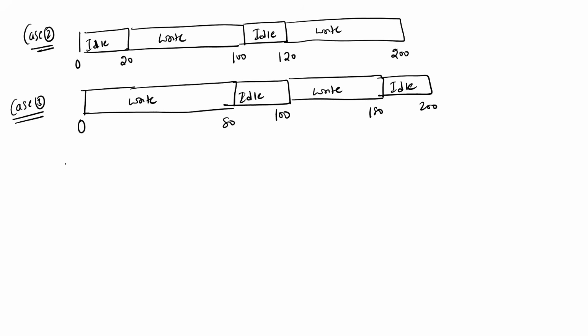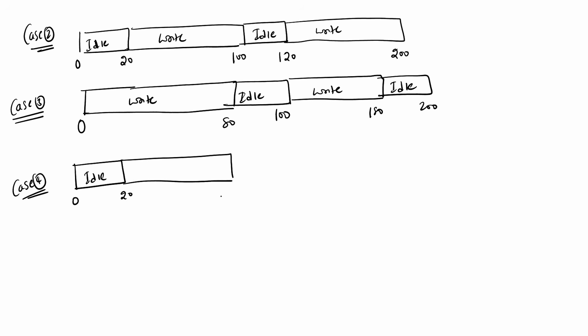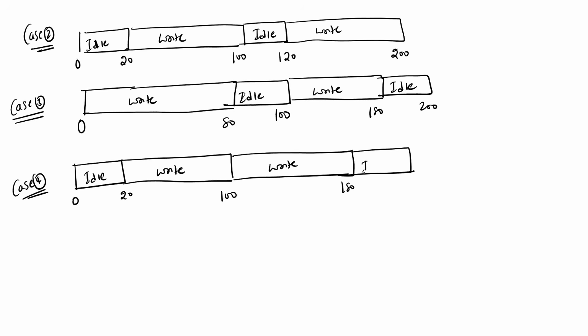Yes. And next case 4, if you take, the first 20 cycles will be idle, and next write operation is happening till 100, and next write operation is happening till 180, then 180 to 200 is an idle cycle.